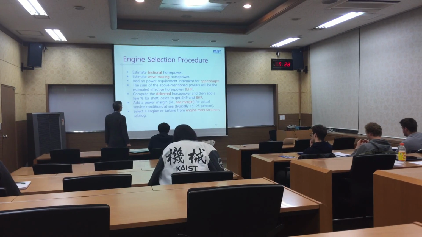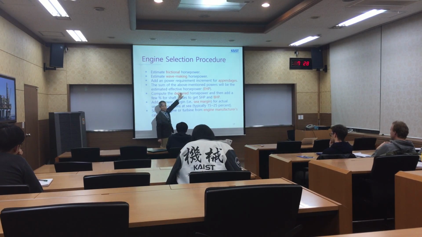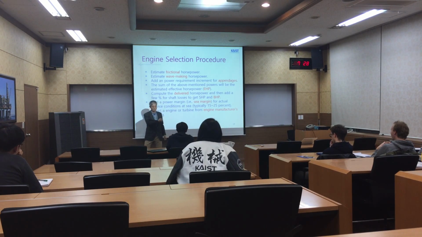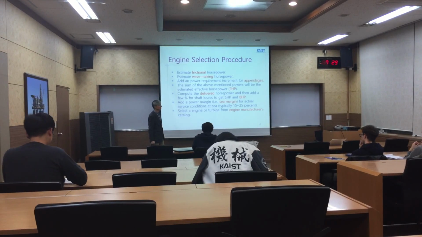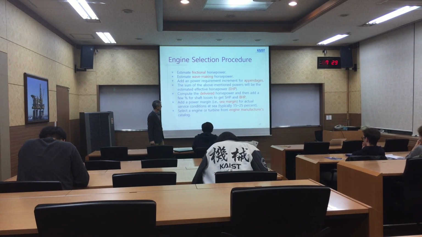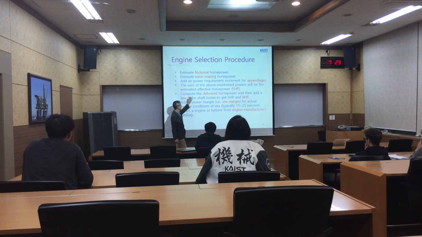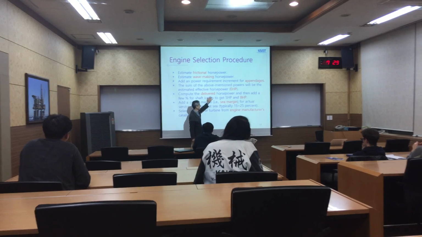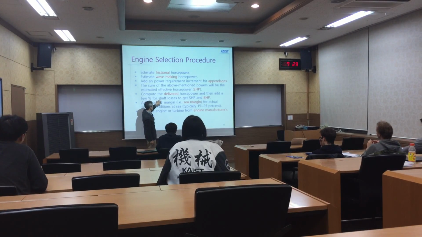And summing them, we arrive at effective horsepower. That is needed to pull the ship in the sea, right? And then in the reverse way, we compute the delivered horsepower coming from the engine and add some percentage for shaft thrust to get the reverse way.